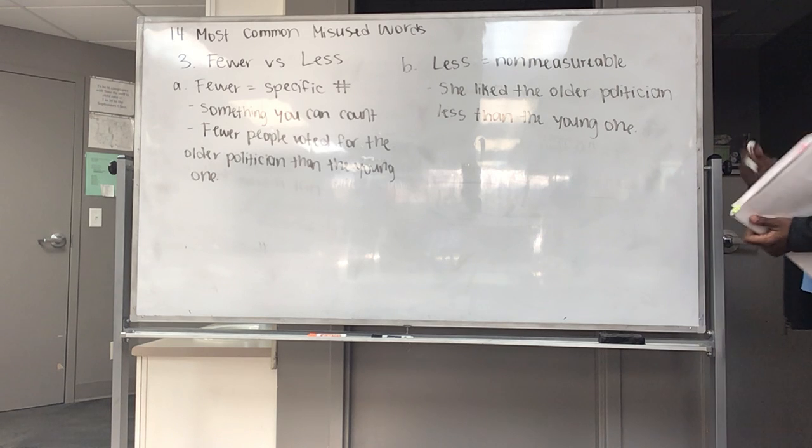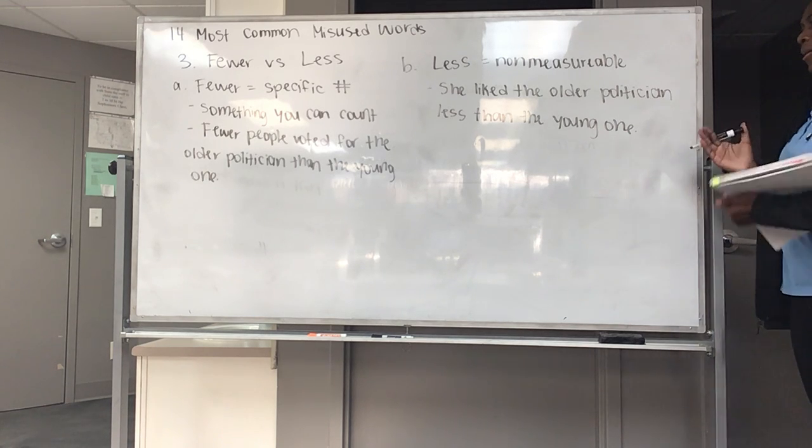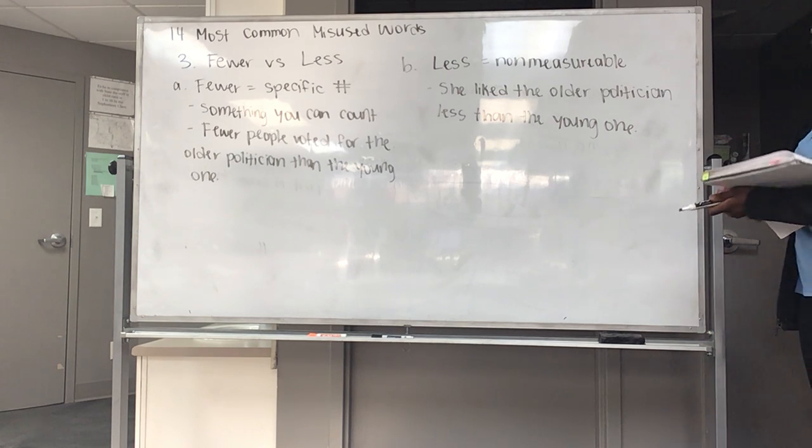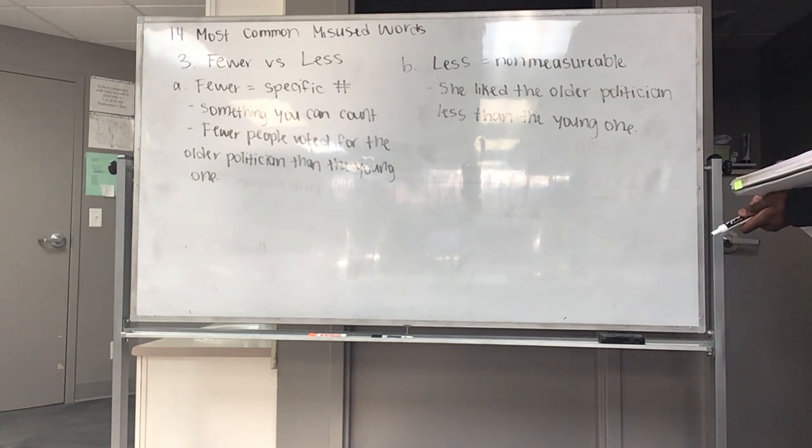So we could say, she liked the older politician less than the young one. We can't really measure how much she likes the politician. If she likes one more than the other, that can't be measured.